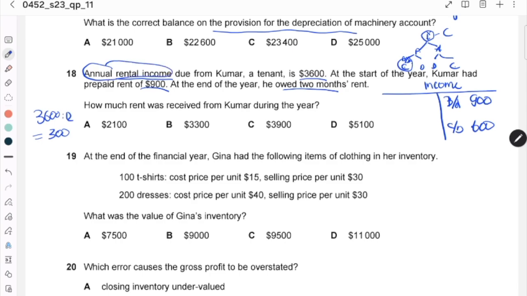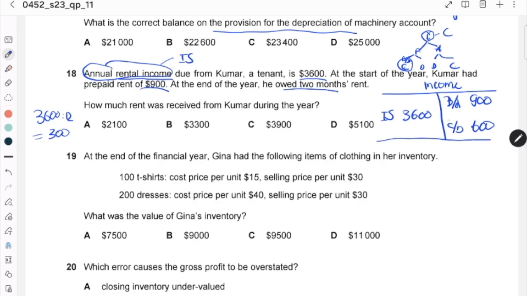The annual rent income is the income statement figure, and for income it is always on the debit side. So you put 3,600.